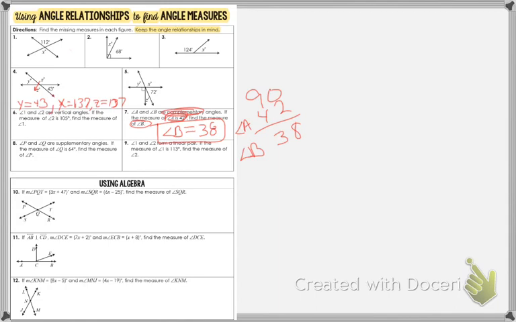Alright, let's use algebra now. Let's go 12, let's go difficult. Alright. K and M. This angle right here is 8x minus 5.